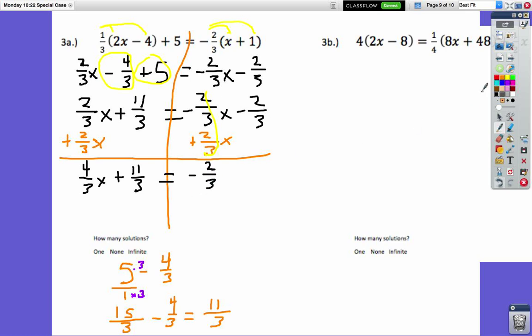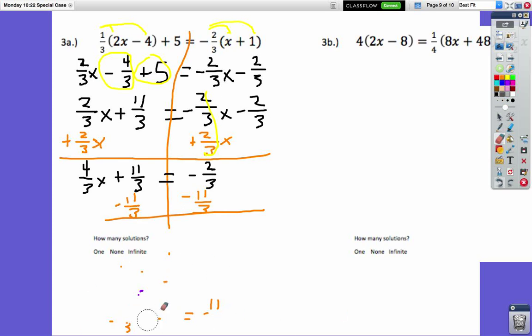Okay. We're going to subtract 11/3 to the left, subtract 11/3 to the right. Luckily, this already has a common denominator. So what we'll do now is those cancel out.